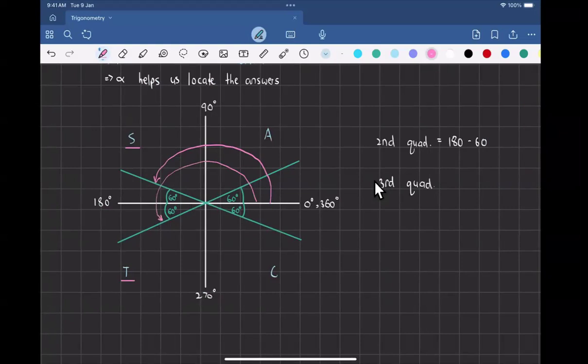I went 180 degrees, and after I went 180, how many degrees did I go after?